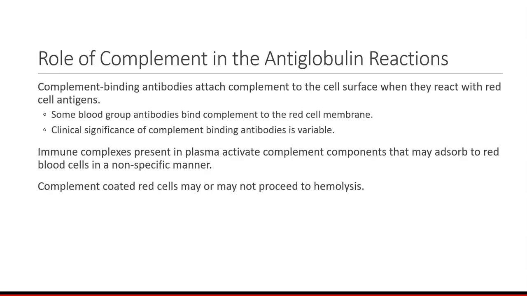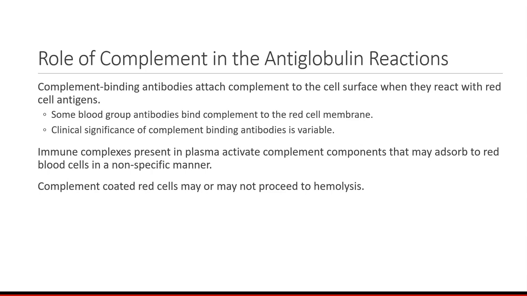What is the role of complement in the antiglobulin reactions? Complement binding antibodies attach complement to the cell surface when they react with red cell antigens. Some blood group antibodies bind complement to the red cell membrane. The clinical significance of complement binding antibodies is variable.